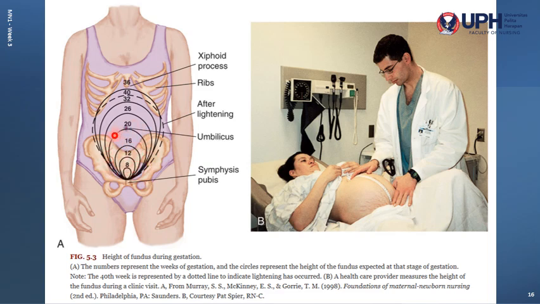At around 20 weeks, it will be around your umbilicus. Then it reaches its maximum at 36 weeks, at the xiphoid process. And then after lightening, when the baby enters the pelvic inlet, it will go down a little bit. So this is how we measure from the pubic symphysis through the fundal height.